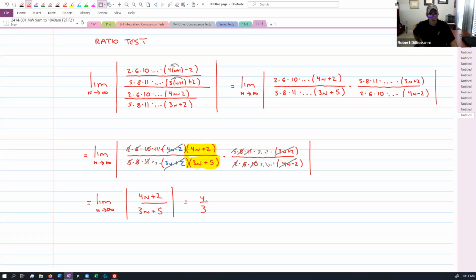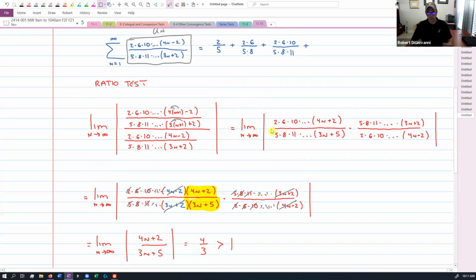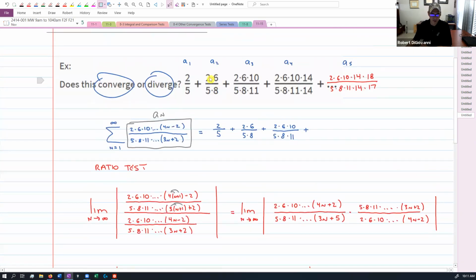The series diverges because this is bigger than 1, right? 4/3 is bigger than 1. Therefore, the original series diverges. That's a tricky one. It's tricky because of this whole creating the formula.